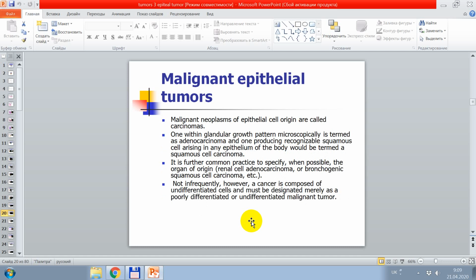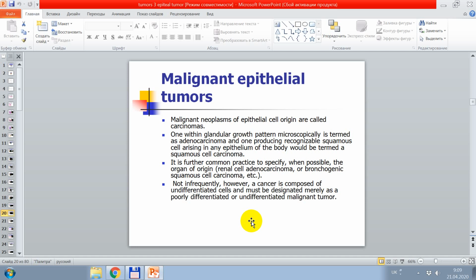Malignant neoplasms of epithelial cell origin are called carcinomas. One with a glandular growth pattern is termed adenocarcinoma, and one producing recognizable squamous cells, arising in any epithelium of the body, would be termed squamous cell carcinoma.